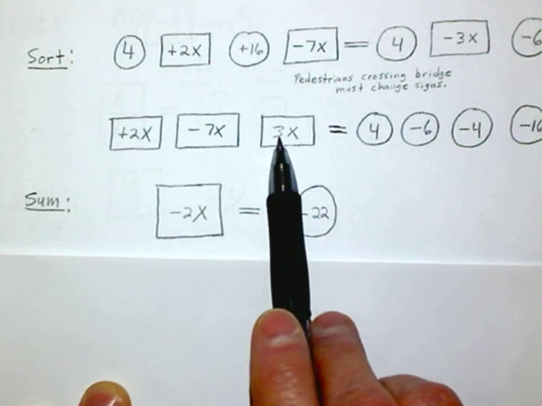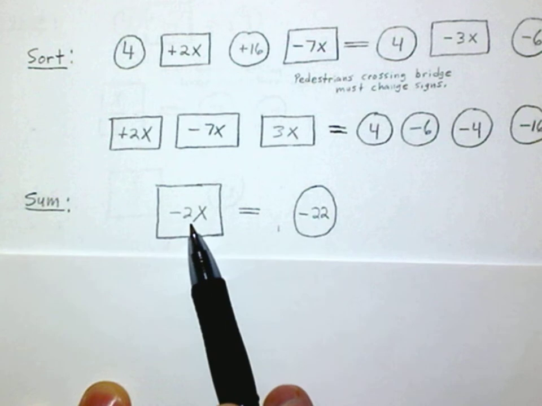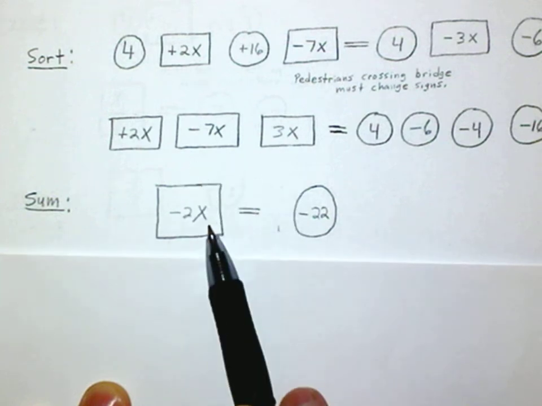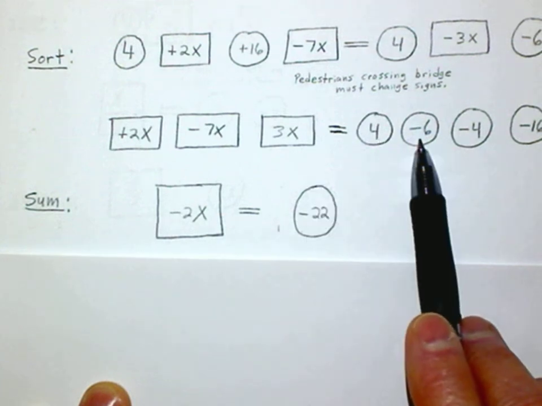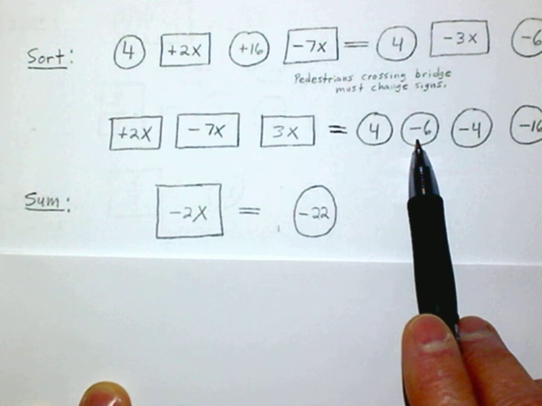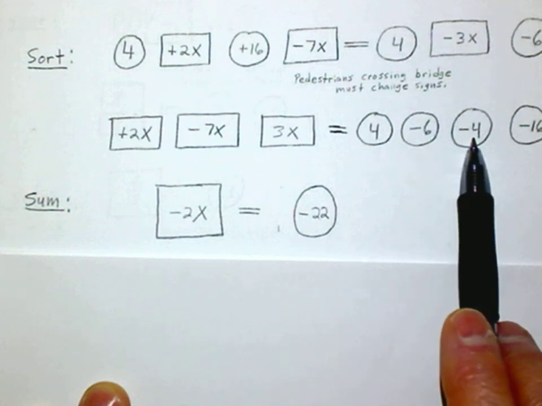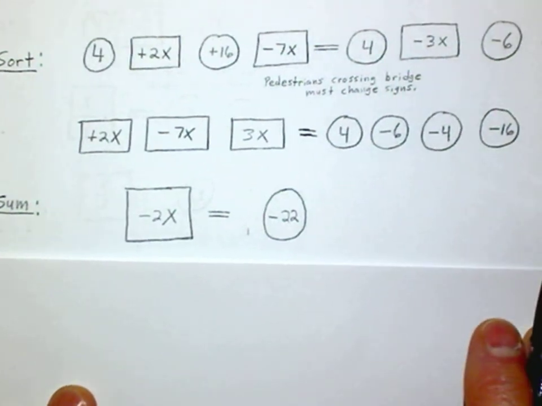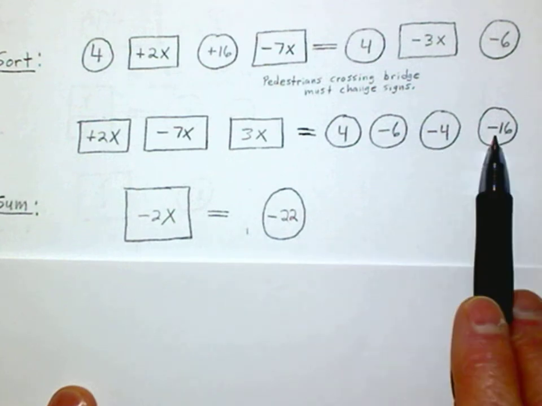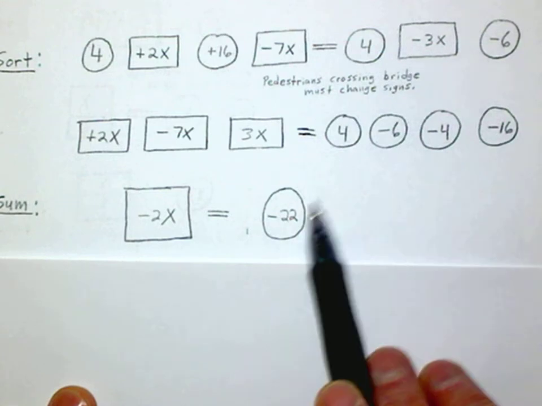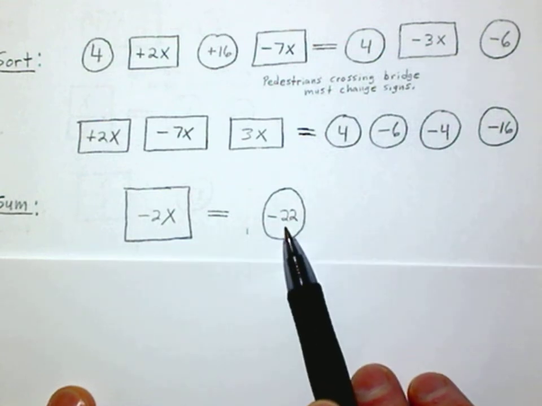Negative 5 and positive 3 is negative 2. Keep the x on the negative 2. These are x terms. On the right, positive 4 and negative 6 is negative 2. Negative 2 and negative 4 is negative 6. Negative 6 and negative 16 is negative 22.